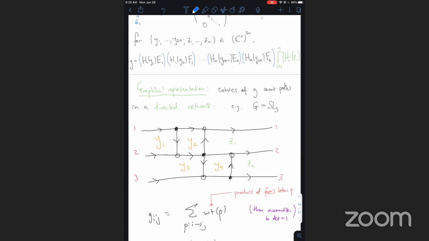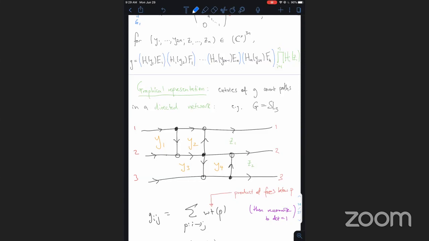So these Cartan elements live on the faces, and the elementary matrices E_i and F_i correspond to vertical edges joining pairs of the horizontal lines.